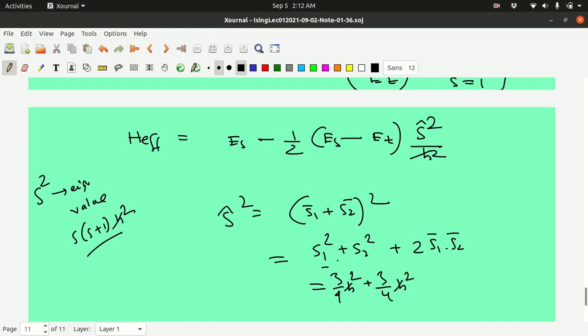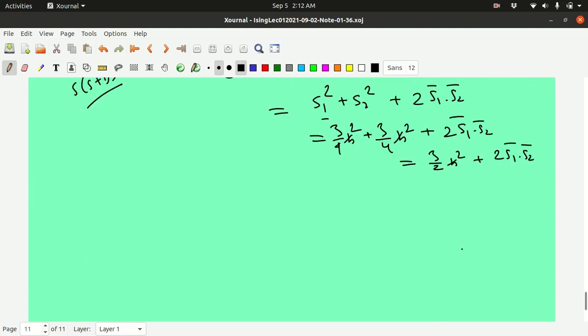Then you get 3 by 2 h cut square plus 2 S1 dot S2. So S square value you get till now.